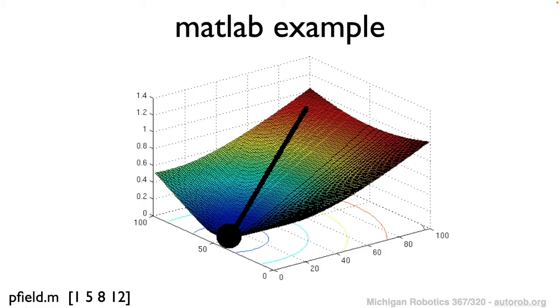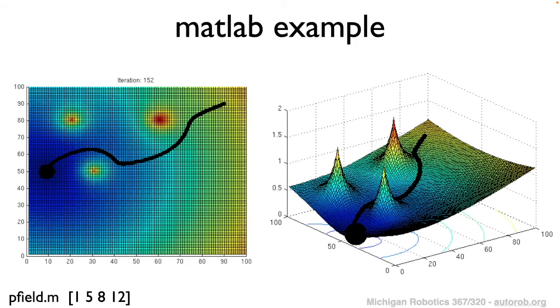This example we looked at was the conical attractor, where there would be nice straight line planning motion resulting from our gradient descent planner. But we can also implement our composed potential fields within, for example, MATLAB or other visualization software, and once again experiment with gradient descent.